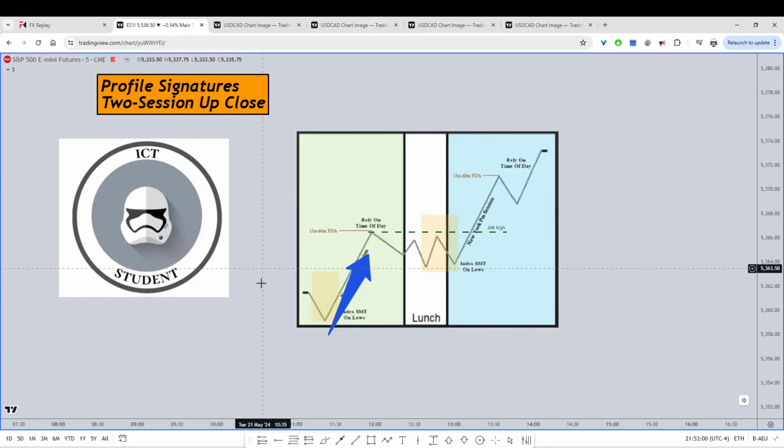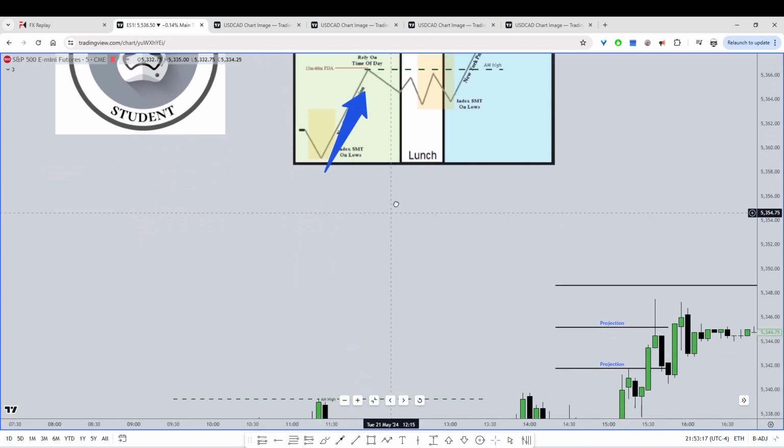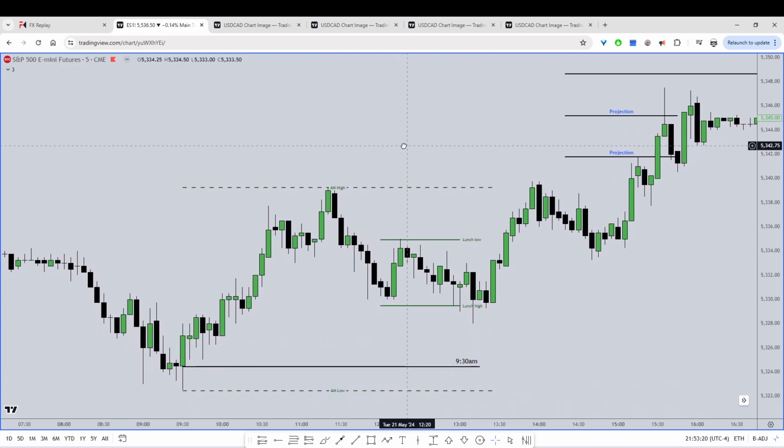So now let's look at a live chart. Let's remember the signatures of a Two Session Up Close is that we have an AM rally, but the AM high is maintained until the PM session. Untapped liquidity above. Here's an example from ES, which would be from May 2024. So we have an AM rally, the lunch range keeps the AM high left.